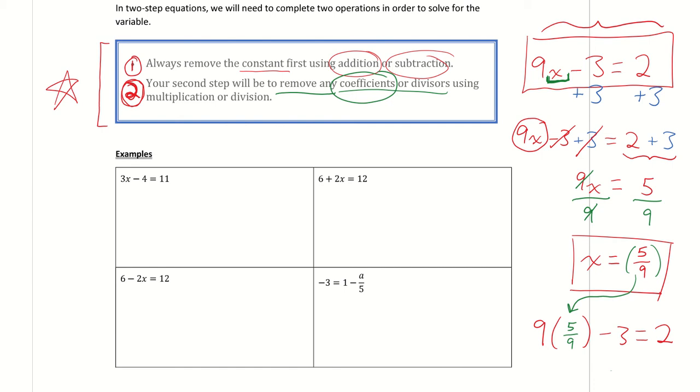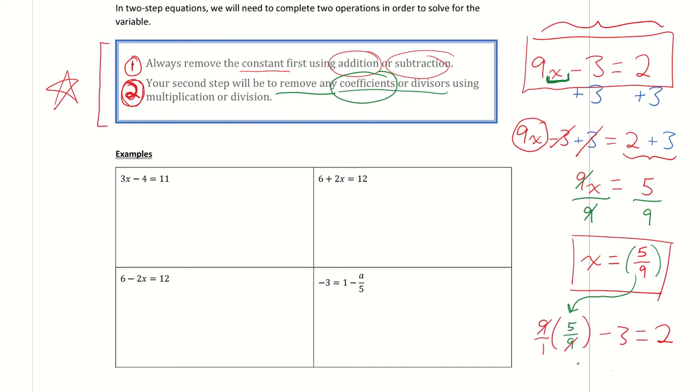So let's look at what happens when we take 9 and multiply it by 5 over 9. Well, 9 is really a fraction, 9 over 1, and we see that we can cross-reduce here, right? We have a factor of 9 in our numerator and a factor of 9 in our denominator, and those can simply divide out to 1 or cancel.